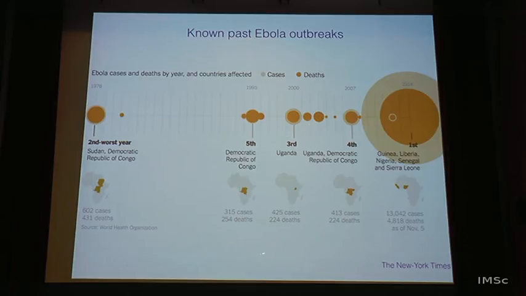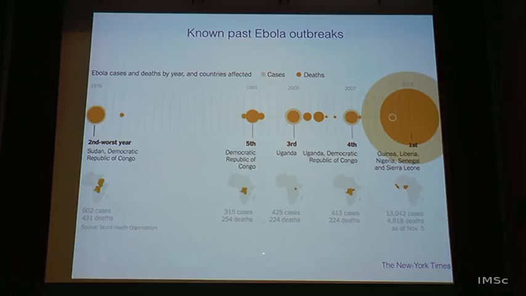Since the 90s, we can see recurrent outbreaks, but every time they are quite small. They infect a few hundred people. Obviously, the one here was not only in a different part of Africa, but in terms of size, it has nothing to do with what we have seen before.